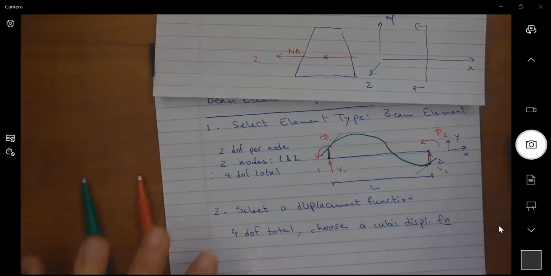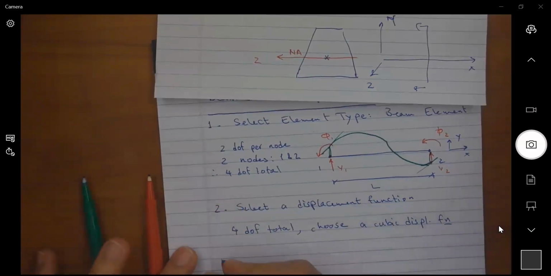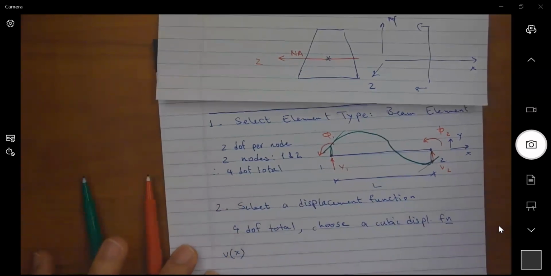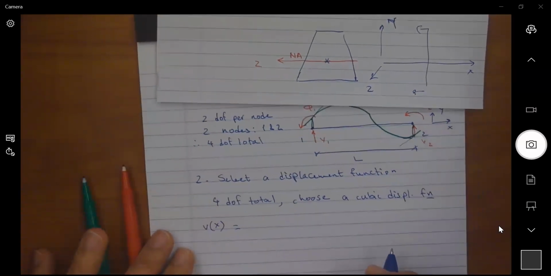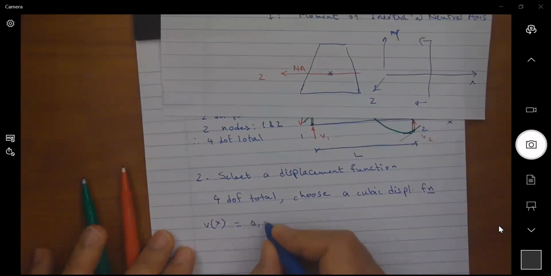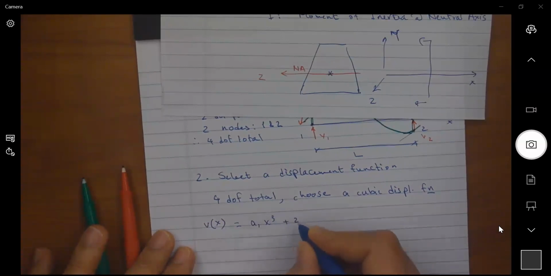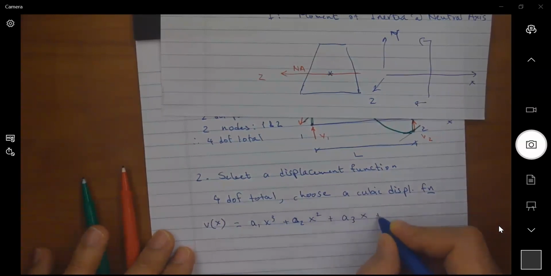So when I'm referring here to a displacement function, that would be a V of X. And when I say I'm going to use a cubic displacement function, I'm going to write this V of X as A1 X cubed plus A2 X squared plus A3 X plus A4.